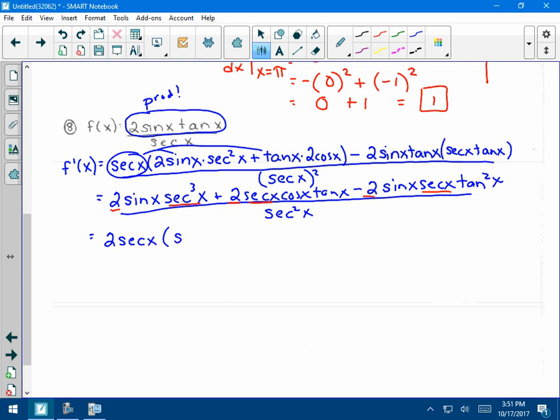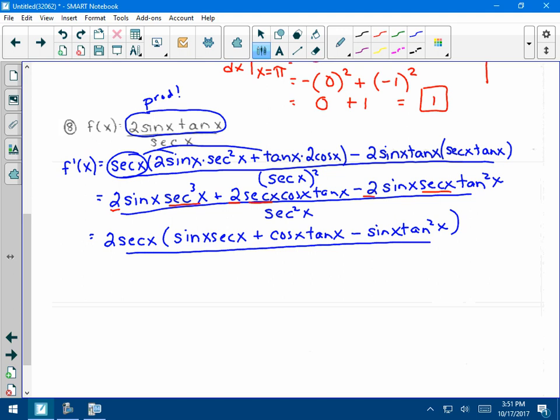That leaves me with sine x secant x plus cosine x tan x minus sine x tan squared x all over secant squared x.